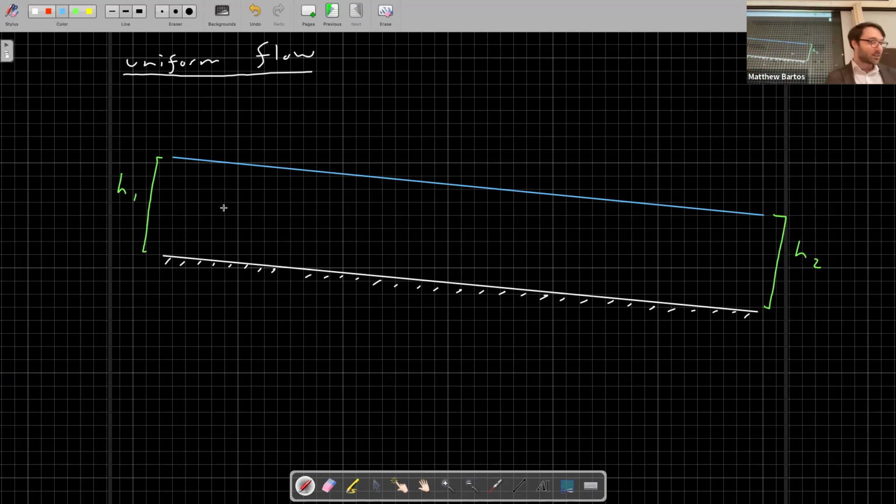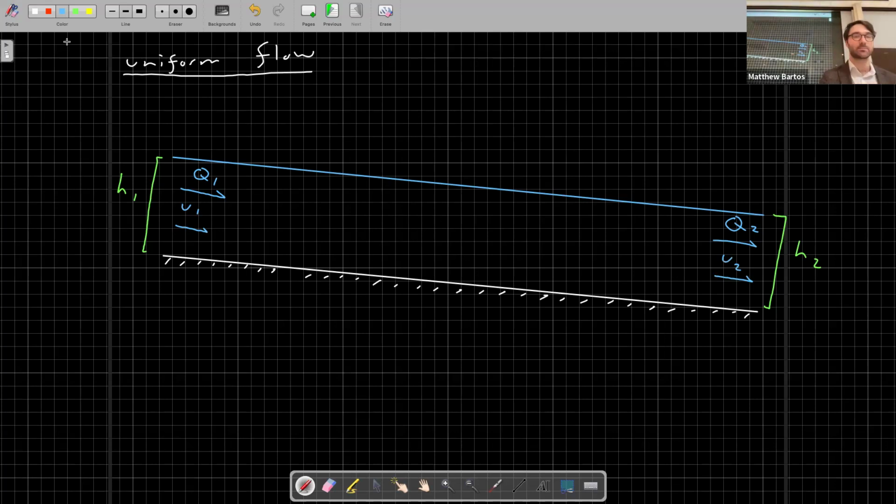So we have that our depth is constant. We also have that our discharge is constant, so Q1 and Q2 are the same. And our velocity is also the same at all points in the channel, so U1 is equal to U2.